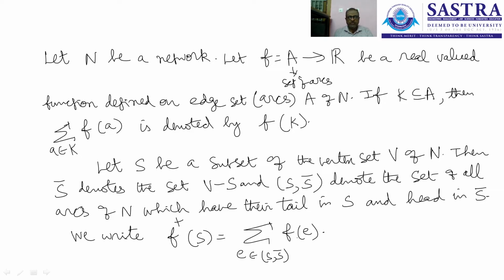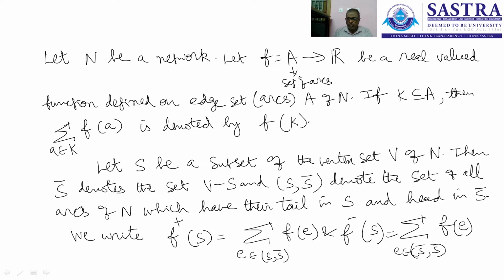So you take the arcs in S comma S bar and count the sum of the weights on those arcs, and that is denoted by f plus. Similarly, I also define another term called f minus of S, which is again the sum of f of E, but here E should be in S bar comma S.